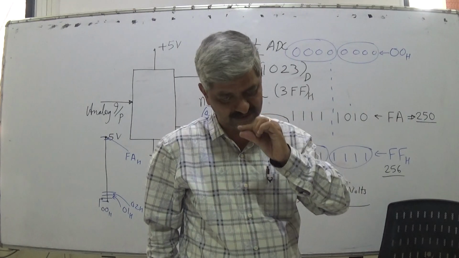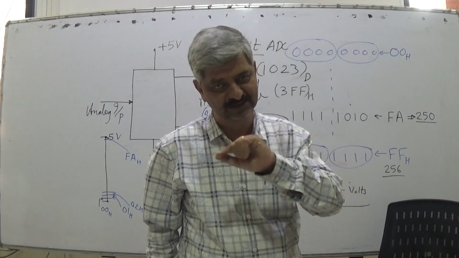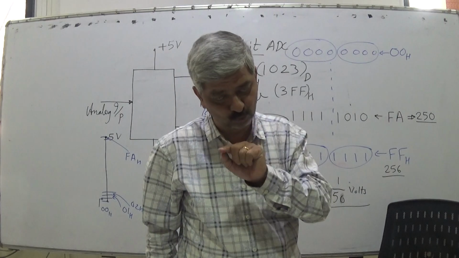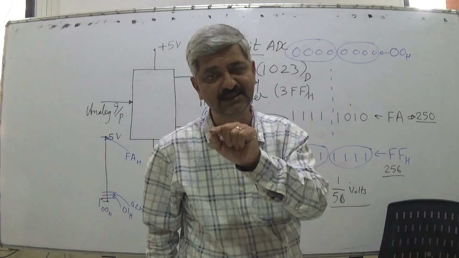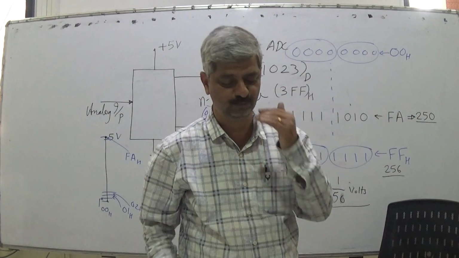So something between 0 to 0.02 will be treated as 0. 0.02 to 0.04 will be 01 hex. 0.04 to 0.06, 02 hex, and so forth.